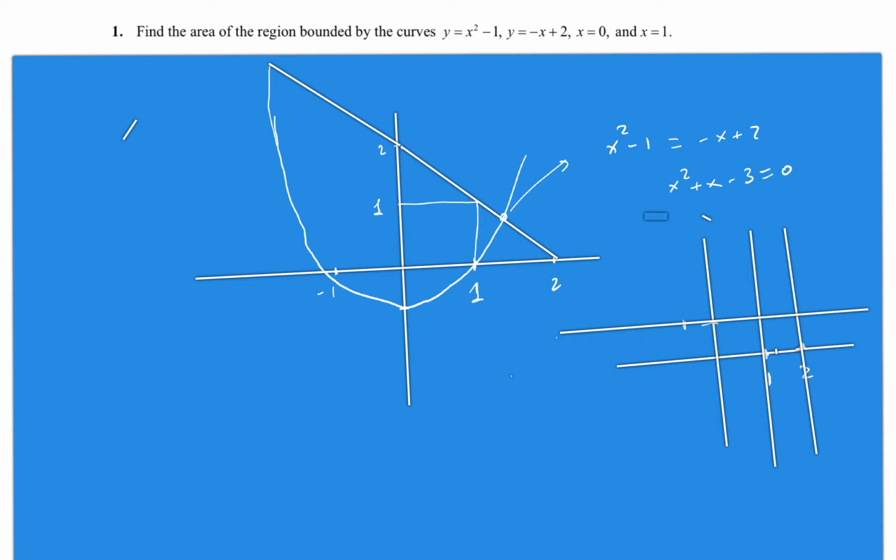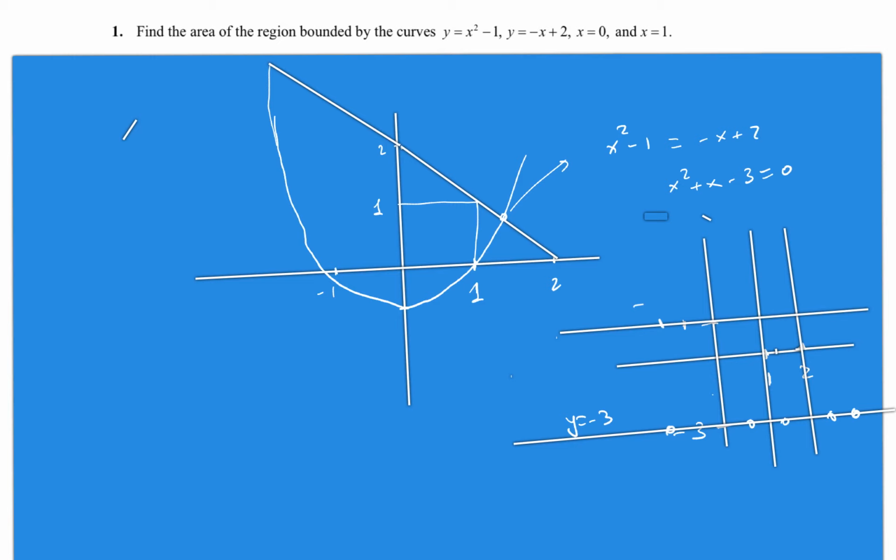Y equals minus 1 is this line, or minus 3. Y equals minus 3 is the line where all the points have y component minus 3.